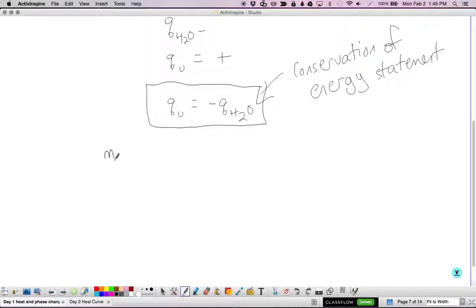So the mass of the unknown times the Cp of the unknown, and notice this is what we're trying to find, times delta T of the unknown equals, don't forget this negative here, negative mass of the water, Cp of the water, which I'm going to switch over just in the interest of keeping this short to W, Cp W, and delta T W. All right, now at this point, I can divide by mass of the unknown, delta T of the unknown, both sides.